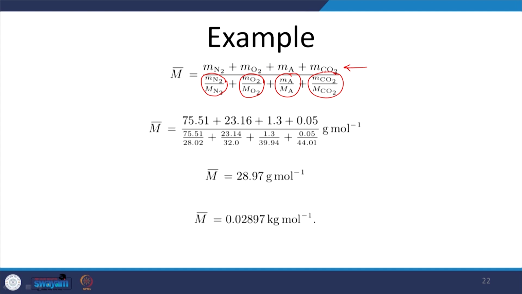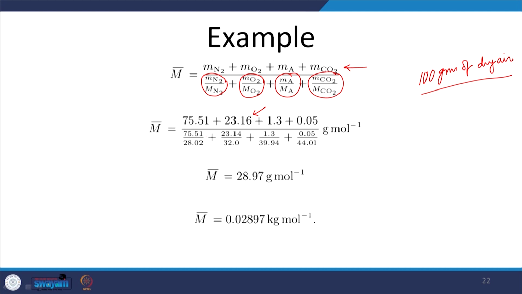You take 100 grams of dry air. Since it is by mass, 75.51 grams will be nitrogen, 23.16 will be oxygen, 1.3 will be argon and 0.05 will be carbon dioxide. You just substitute these. In the numerator you account for the total mass, and in the denominator the total number of moles.